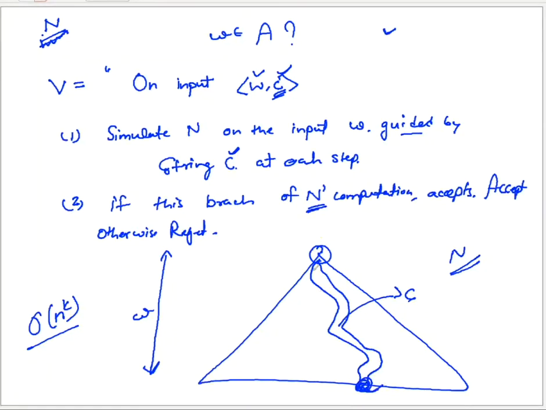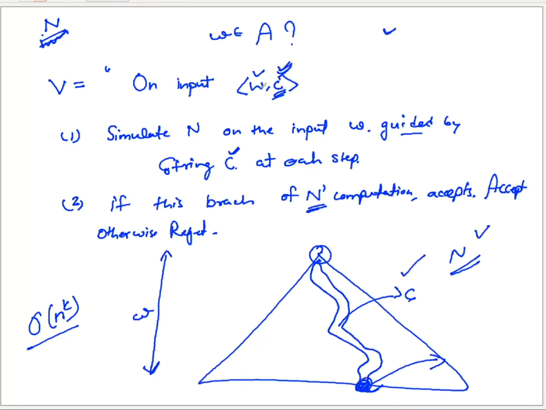Now when you are moving in the non-deterministic machine guided by that certificate, the only possibility is that this node is either an accepting configuration or a non-accepting configuration. If it is an accepting configuration, then your machine accepts the input and this is a valid certificate. So you can say my verifier is able to verify based on that certificate. But if you do not reach an accepting configuration, then this certificate was not a valid certificate.